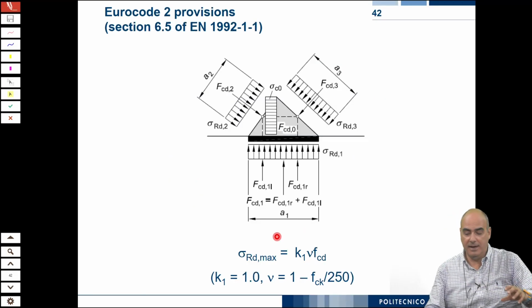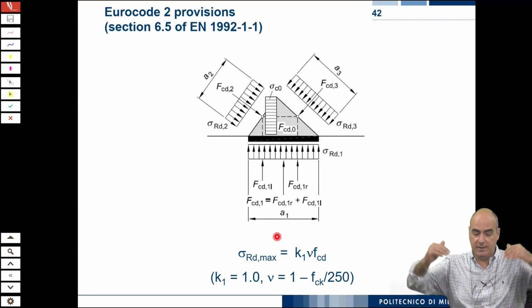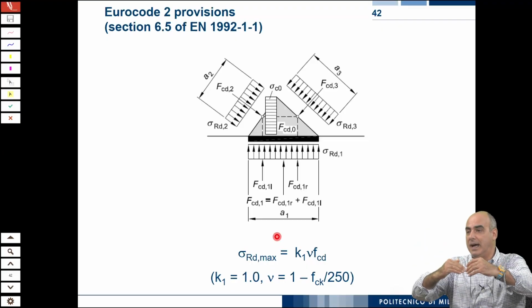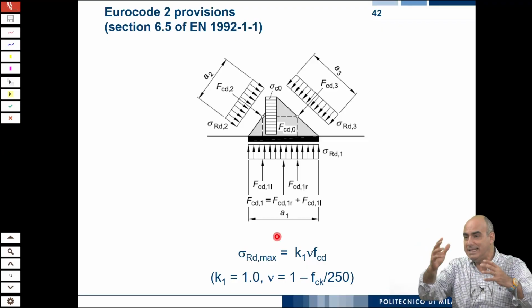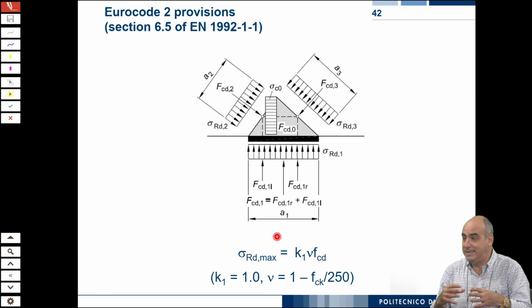You may have a node in which, for example, you have a vertical reaction from a support and 2 struts arriving. That is a CCC node. Actually, you have there the material under triaxial compression. Concrete works very well under triaxial compression.